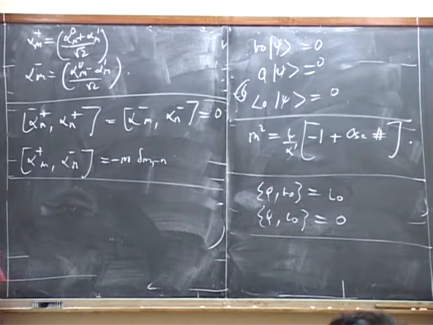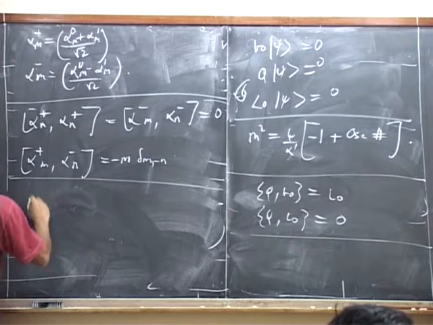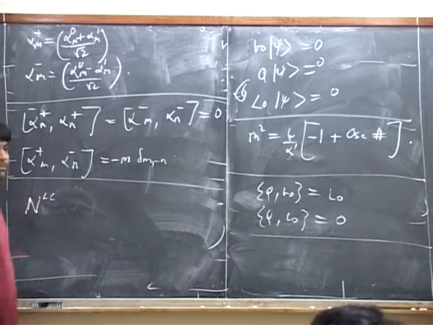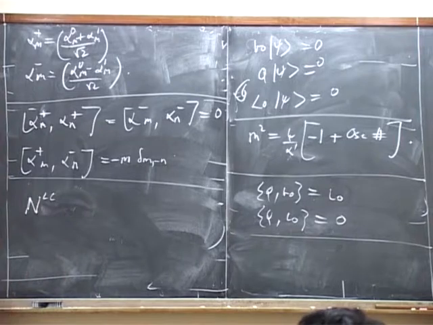Now we're going to define an operator which we call NLC, the number of light cone oscillators.